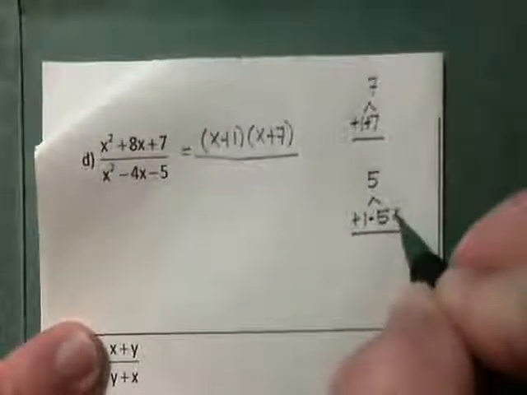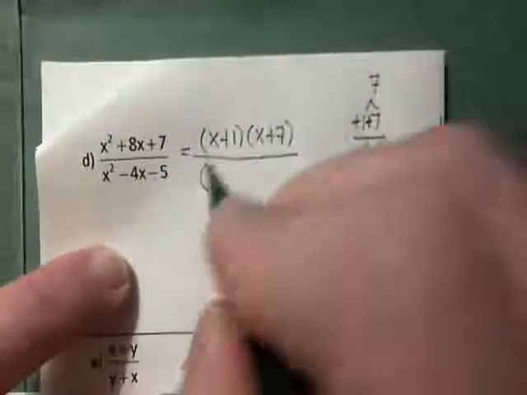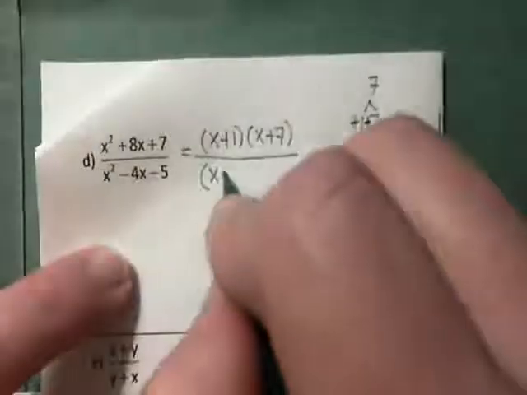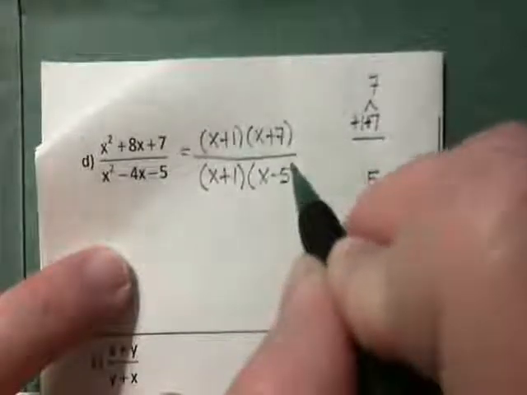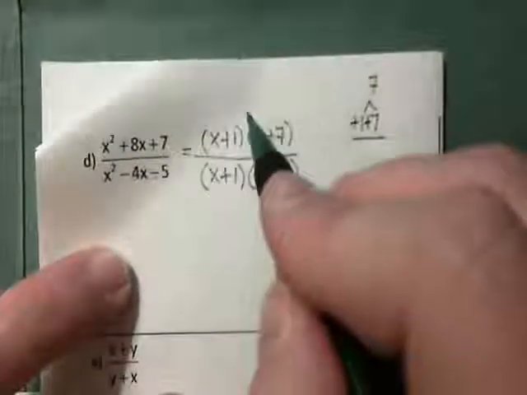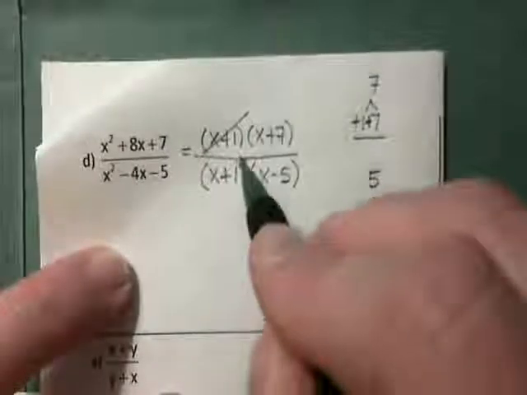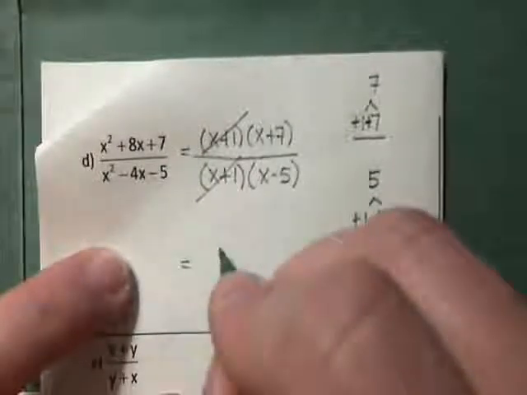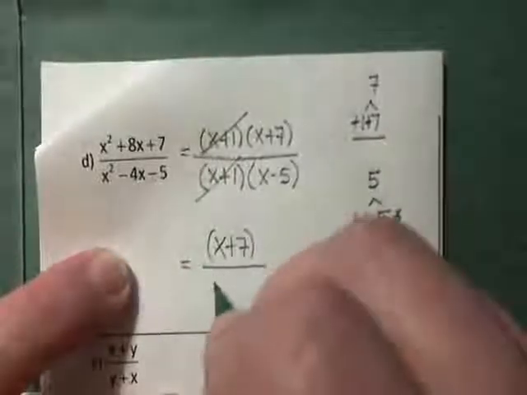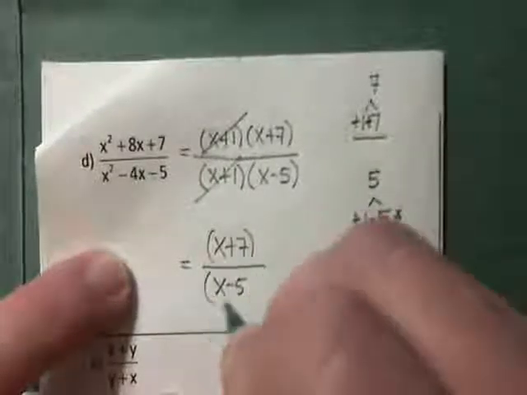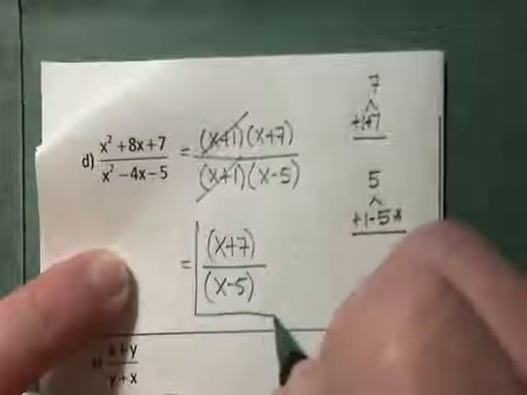So that means that works. So we're going to put over here x plus 1, x minus 5, and we're going to go ahead and cancel. So that means my final answer is x plus 7 over x minus 5, and that's my answer.